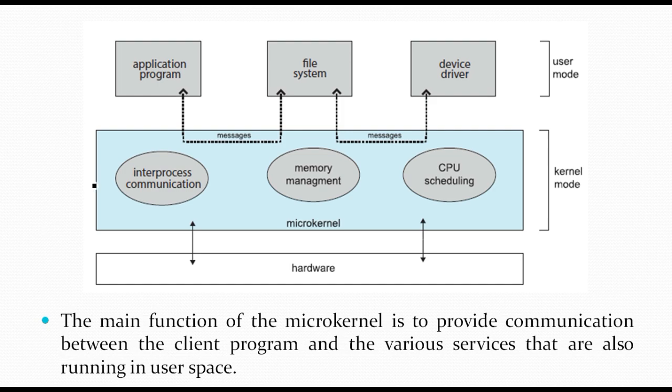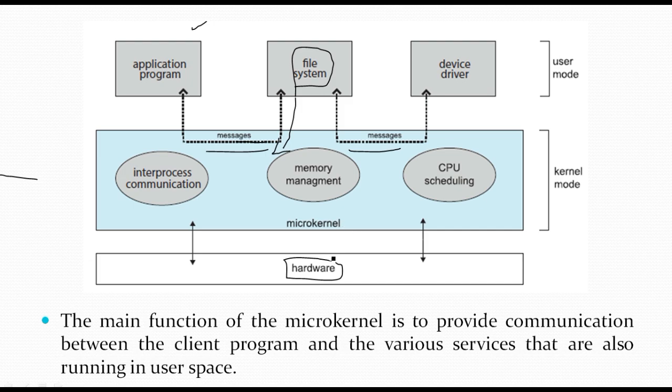You can see there, messages are passed to the kernel, and the kernel can interact with the hardware. So if any user wants to interact with the server, it must pass the message, and that user can interact with the file server, which communicates with the microkernel, and the microkernel can communicate with the hardware.